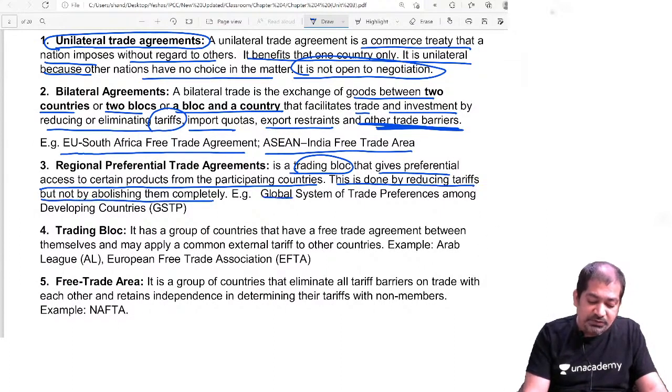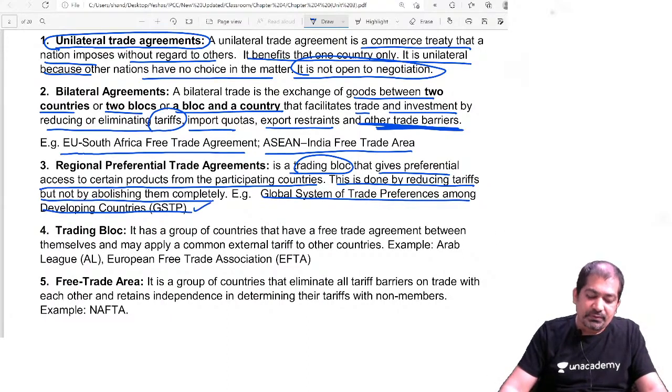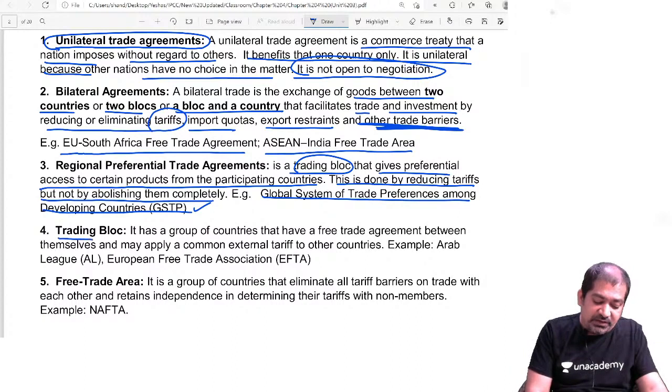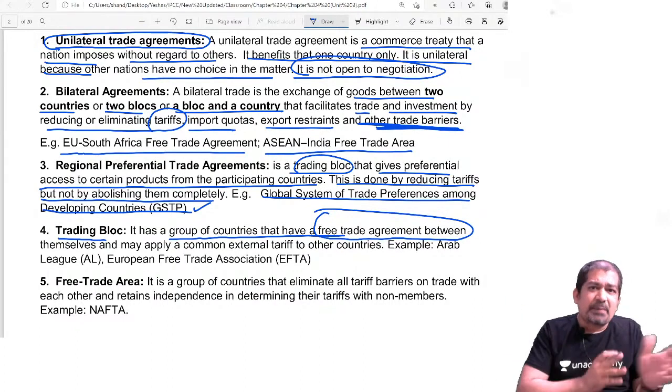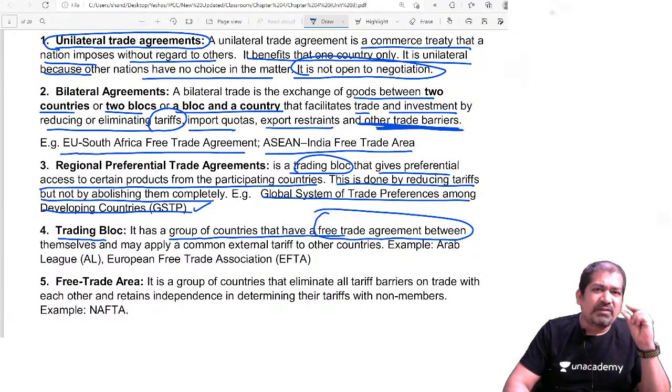For example, the Global System of Trade Preferences among developing countries. Alright, then what is the trading bloc? It is a group of countries that have a free trade agreement. Remember, a free trade agreement doesn't mean there is no import duty. It means the trade is happening between countries and the import duty is very small, very little import duty is charged.